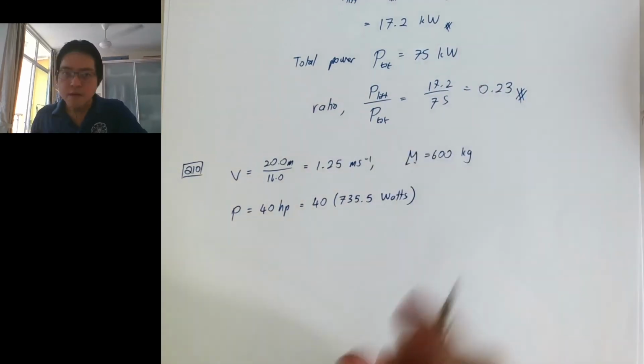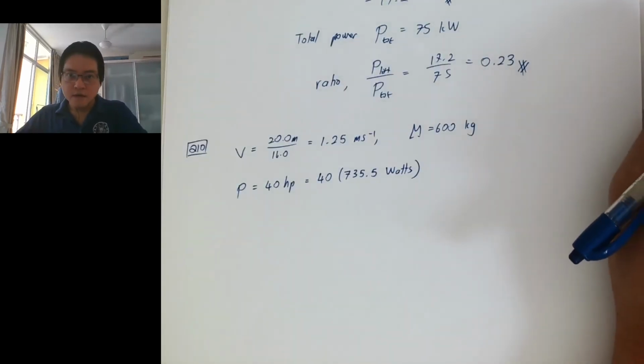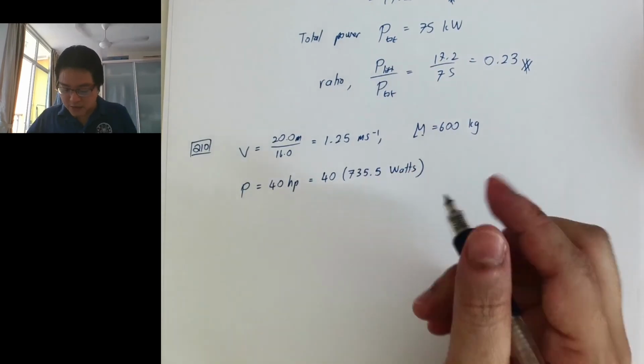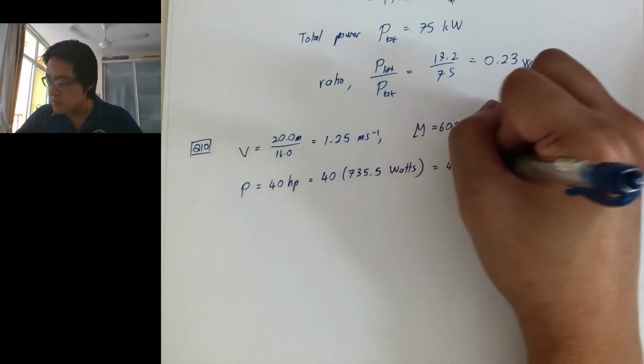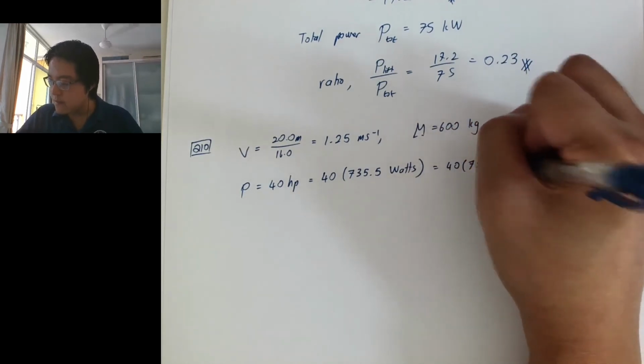So 40 times this, so you can calculate this in terms of watts. It's just 40 times 735.5 watts.